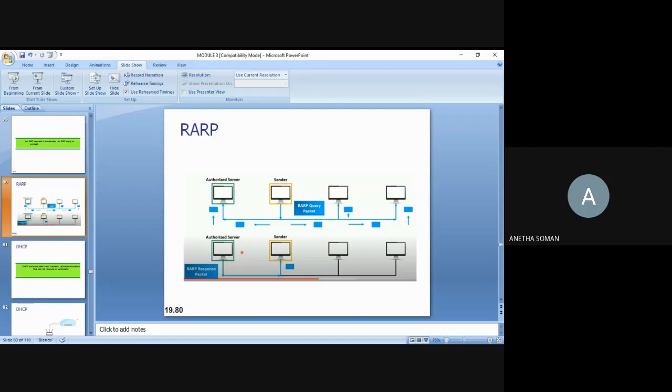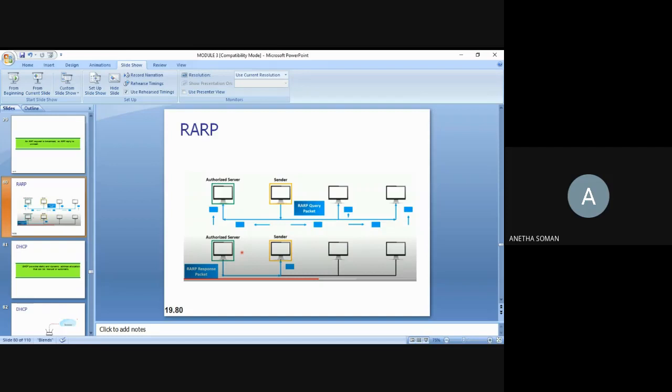Understanding the difference between ARP and RARP protocol: RARP is used to obtain the logical address. It allows any host to obtain its IP address from the server. Usually it happens when you are starting your computer for the first time, which does not have permanent storage.